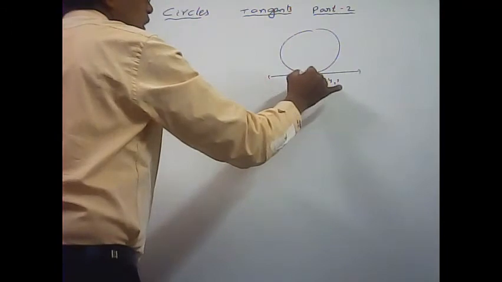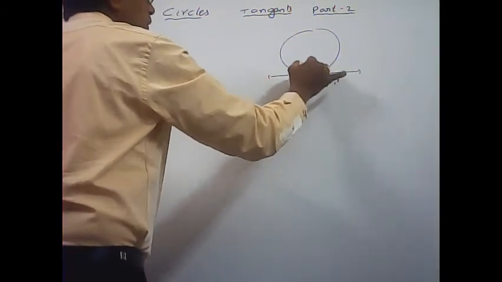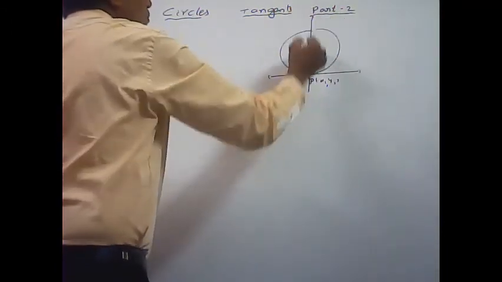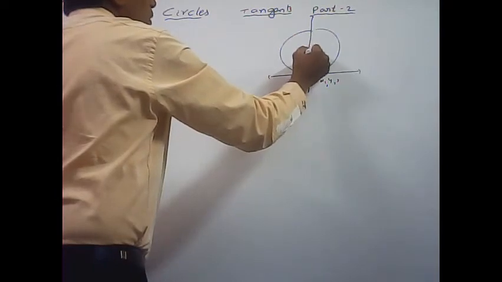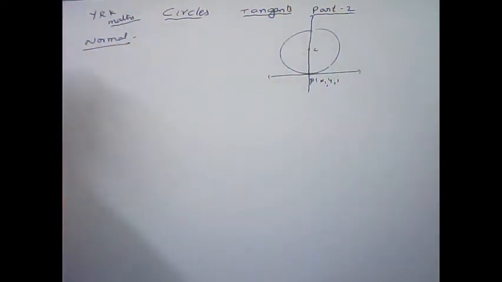Now the normal is always perpendicular to the tangent at the point of contact, and the normal always passes through the center of the circle.